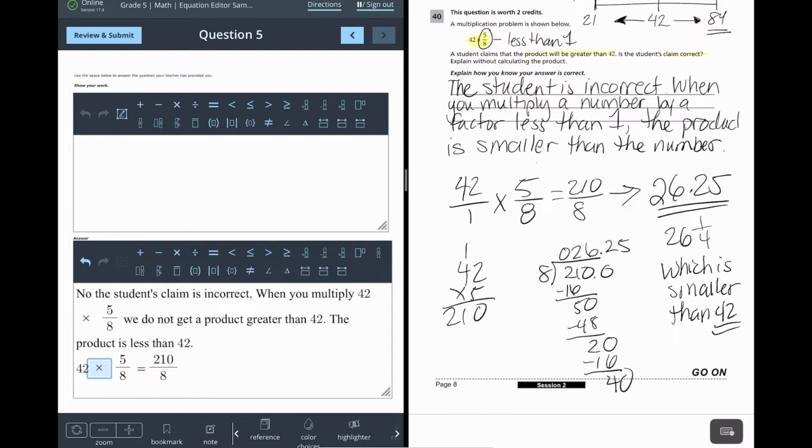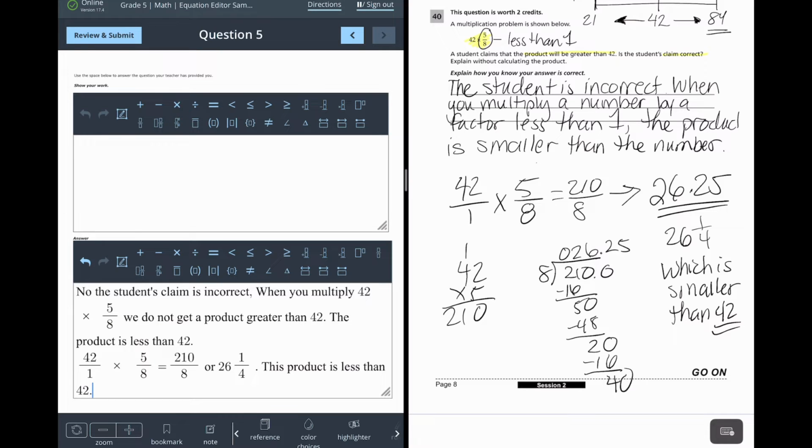I kind of want to change this 42 now and put it as a fraction as well. 42/1 times 5/8 is equal to 210/8, or 26 and, oops, I have to tap it, 1/4. This product is less than 42. And done.